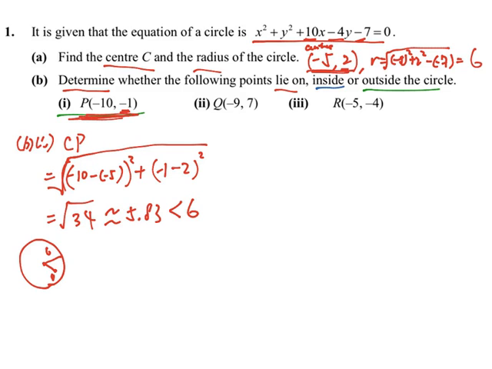Point P is here. So that means it is inside the circle. So the point lies inside the circle.